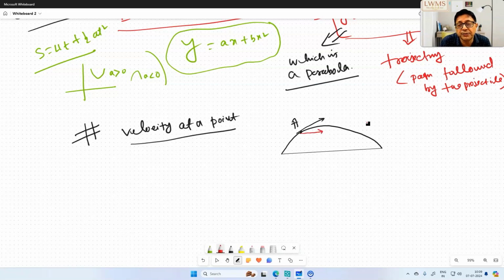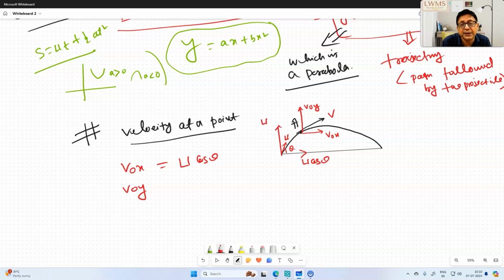Component of velocity will be directed this way, this we refer as vx, and component this way, vy. So this is velocity here. vx will be what? Along x-axis velocity direction is not changed, I mean velocity magnitude also not changed. So vx is u cos theta, and vy, the velocity of projection, remains the same, we assume u only, and theta, this way it is u cos theta, and this way it is u sin theta.